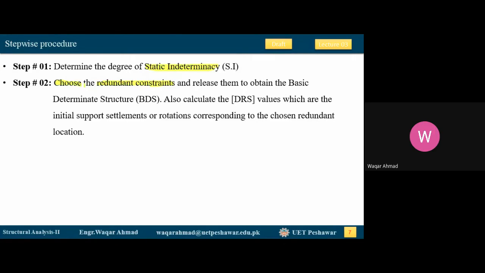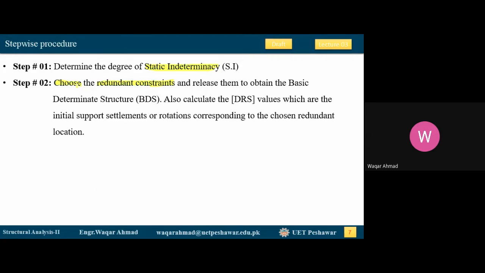There will be several more unknowns depending upon the supports you have. So from the total number of unknowns, you have to choose any 2 support constraints which make your analysis easier in the coming steps.